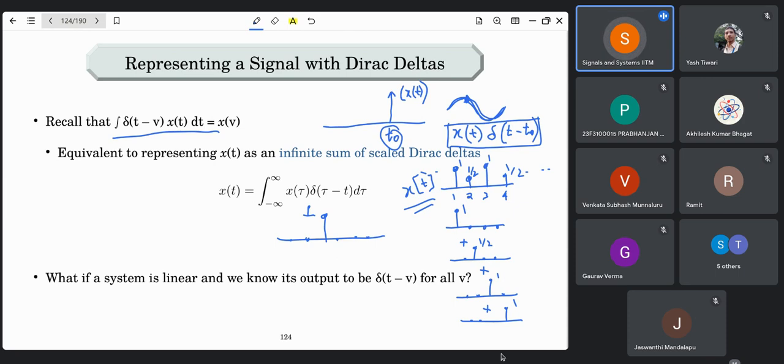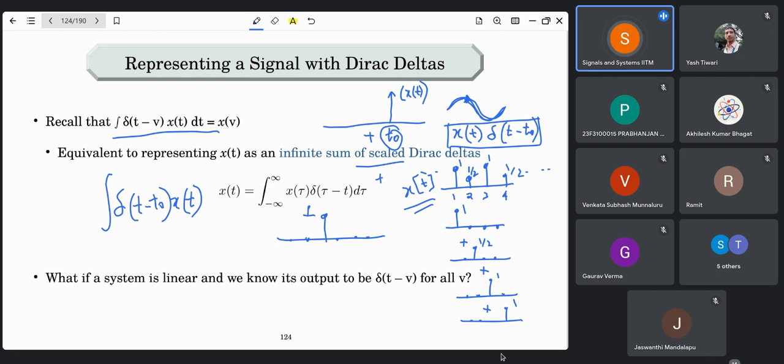Now, what if I sample this at several t naughts and add everything together? How would we do that? So let's sample at some t naught. So this is at one point. Now, what if I do this at multiple points? What if I sample at several t naughts?